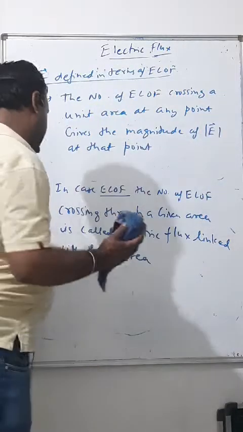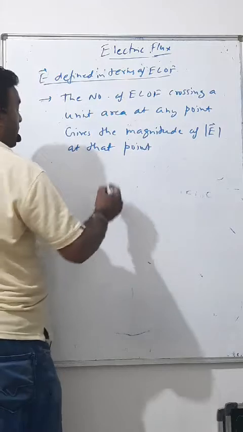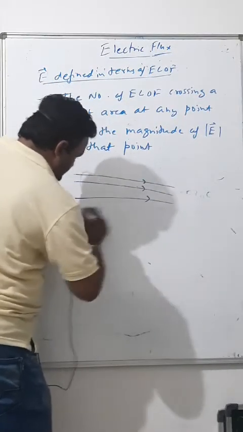Now, what does it mean? Suppose lines of force are in this way somewhere.